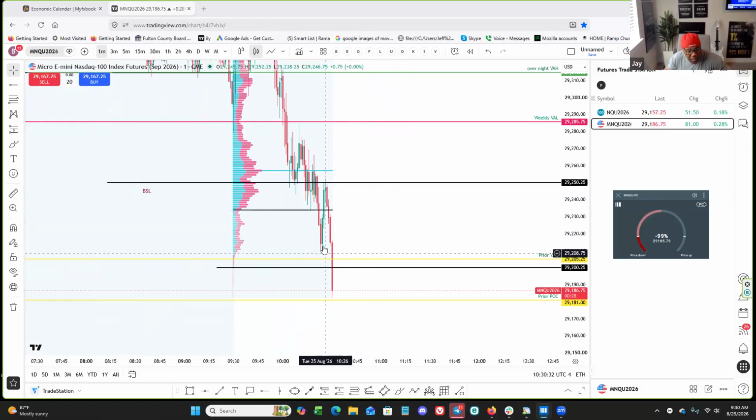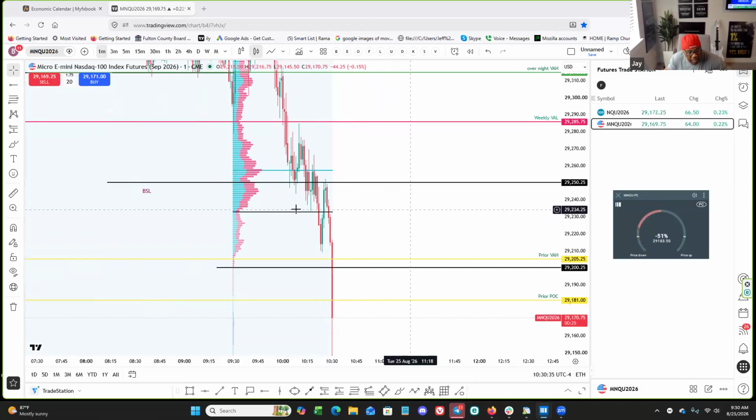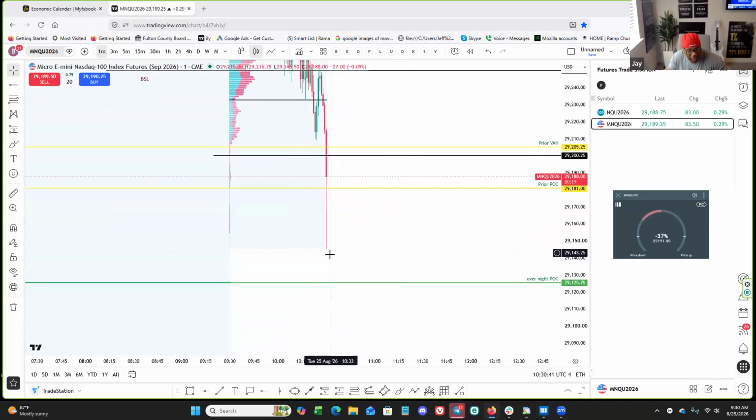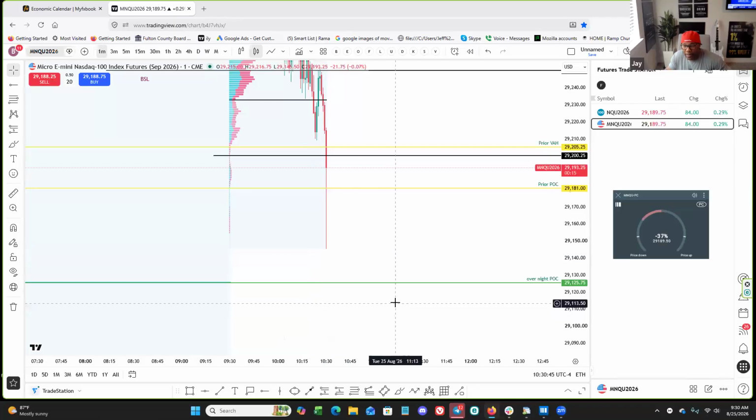So I wasn't going to hold this all the way up here to come back to get 200. You see where this sucker dropped all the way down to 145? Guess what? I could care less. Because why? I got my 100 ticks.